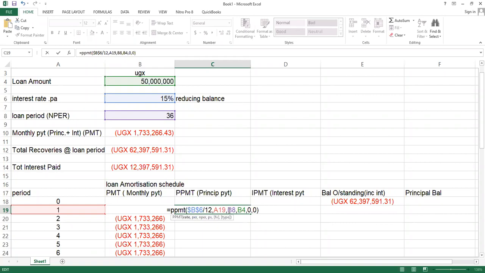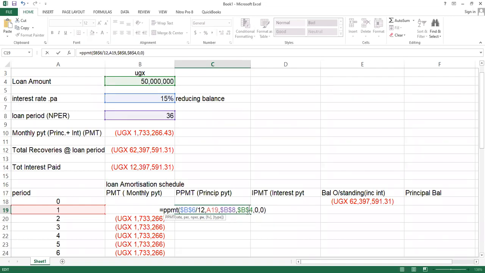But for the number of periods, I'm going to lock it. Then for the present value, the 50 million, I'm also going to lock this, and then this one as well.